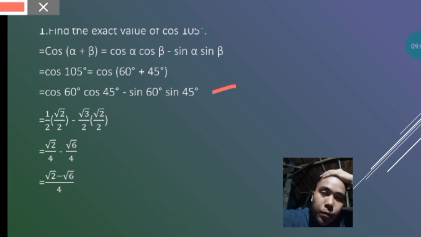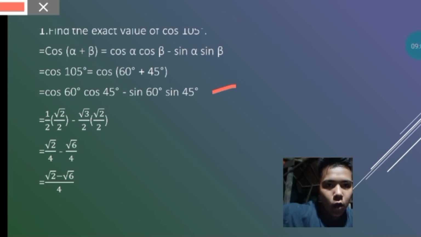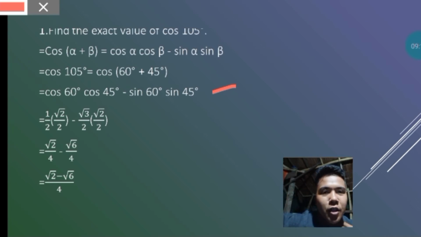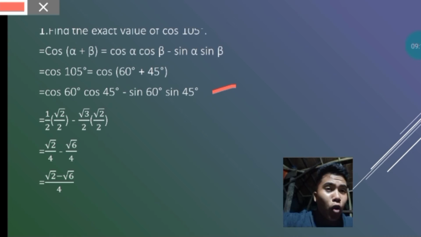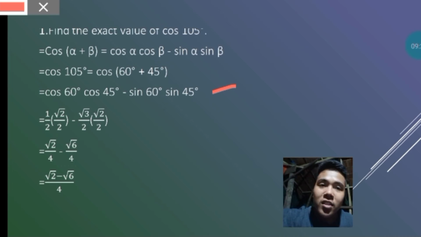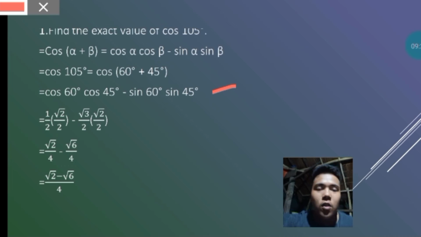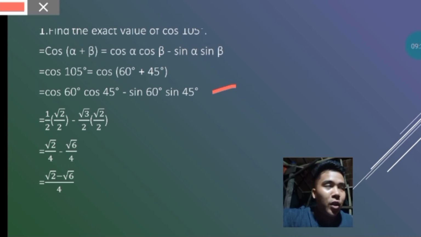So you can easily find the value of those specific trigonometric functions. That is not similar to cos 105, because cos 105 itself doesn't have any exact value, but cos 60, cos 45, and sine and so on have a value. So the problem here is cos 105 degrees.